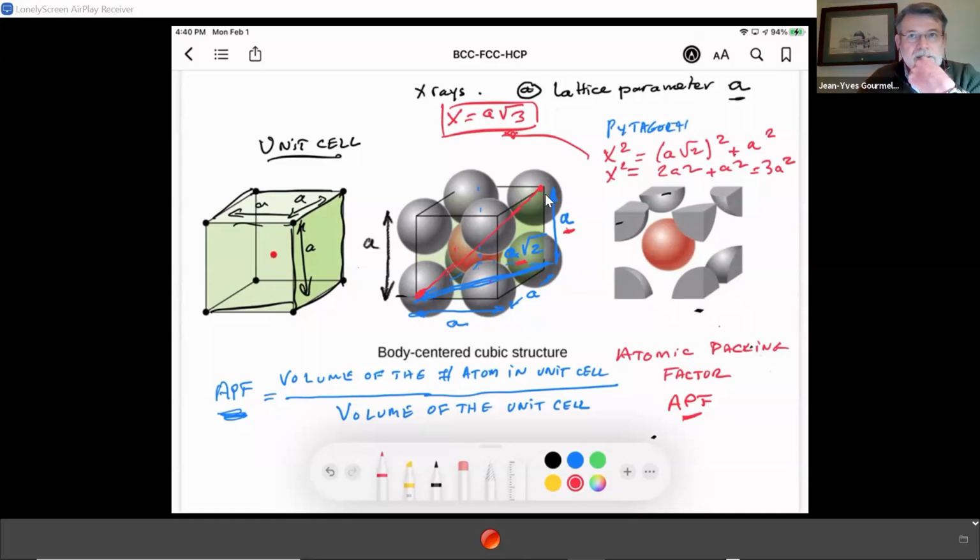I want you to see A root 3 here. This is the A root 3. I want you to see that it goes through the center here, so if you can visualize that.